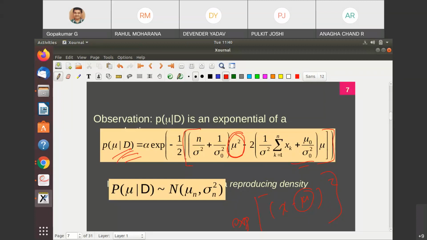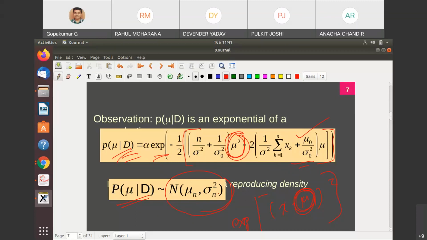So here also we can see that this equation is a type of normal distribution, because in a normal distribution you will have a mu square, and here also there is a mu square term, because it is an exponentiation. So the conclusion is that the probability of mu given d is again a normal distribution. Let us say we write it as mu n and sigma n square.